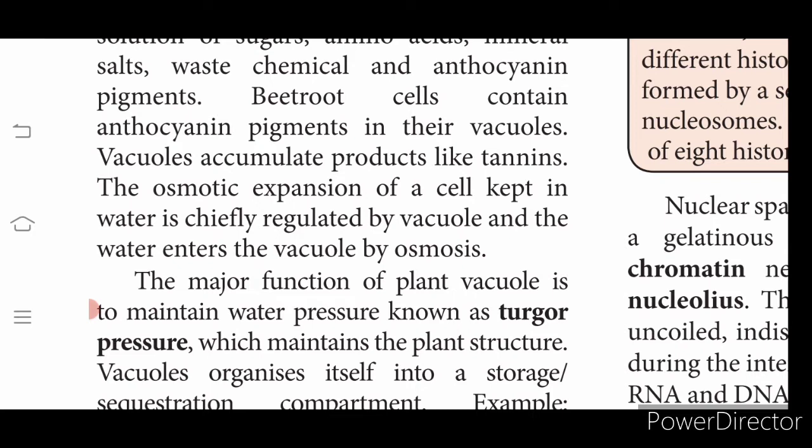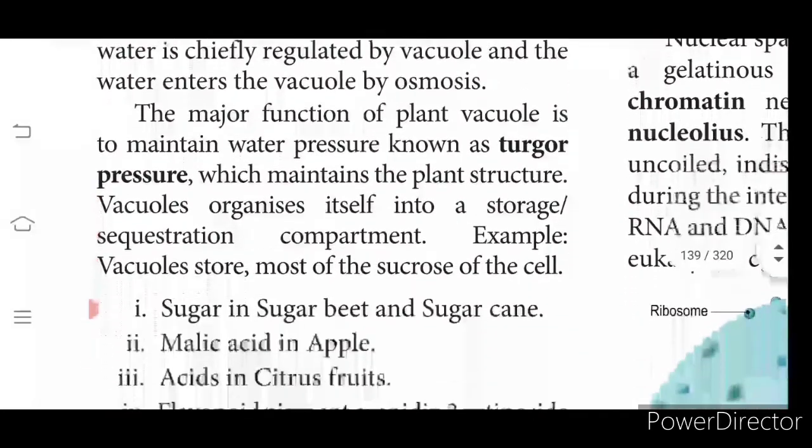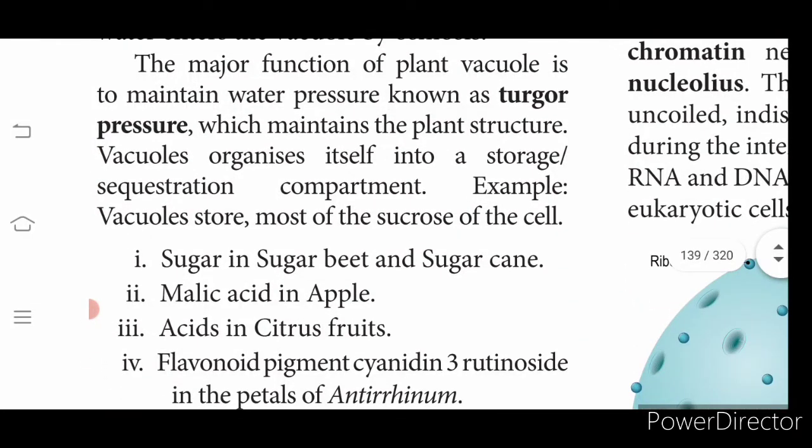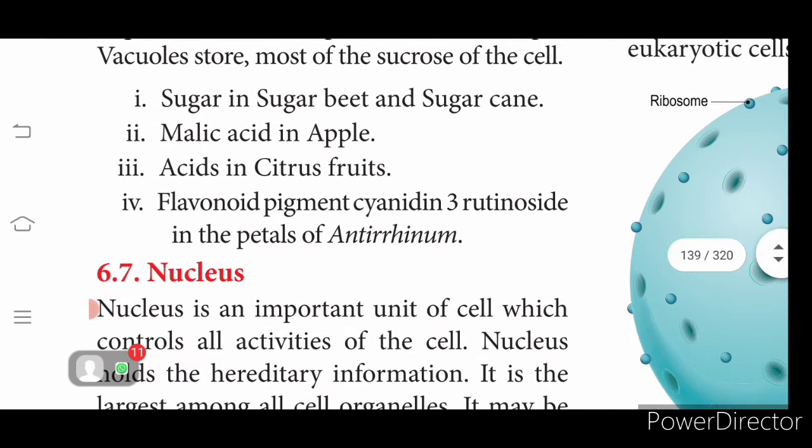The osmotic expansion of the cell is chiefly regulated by the vacuole, and water enters the vacuole by osmosis. The major function of the plant vacuole is the maintenance of the pressure, that is called the turgor pressure, which maintains plant structure. The vacuole organizes itself as a storage compartment, and this is an important thing.